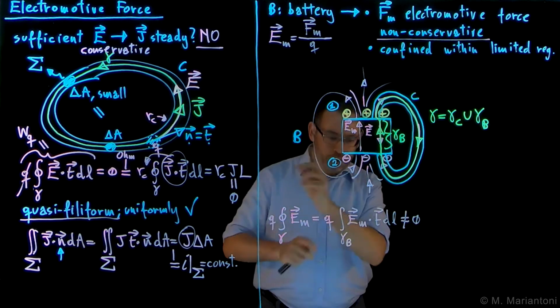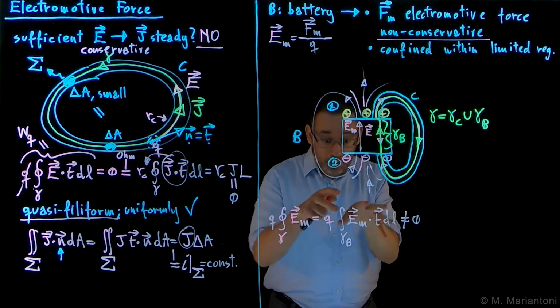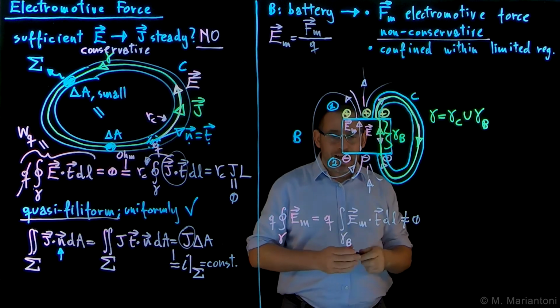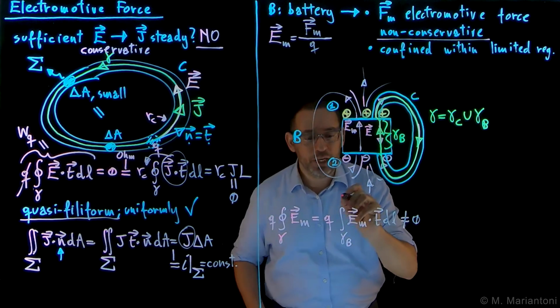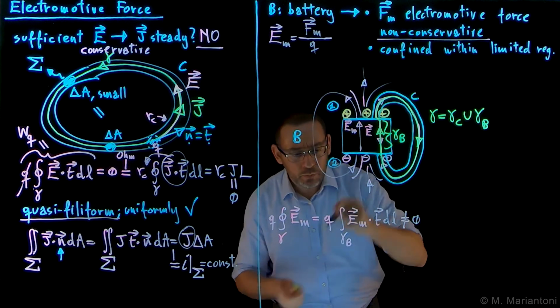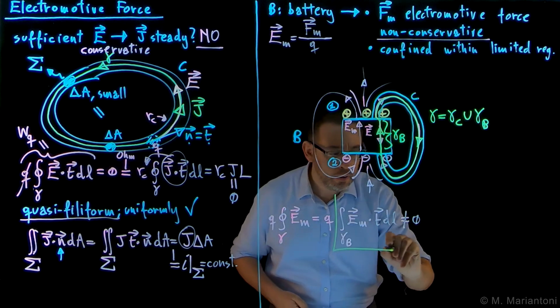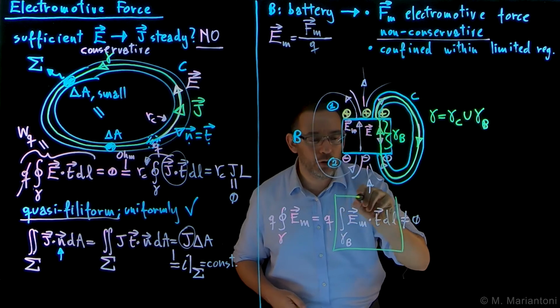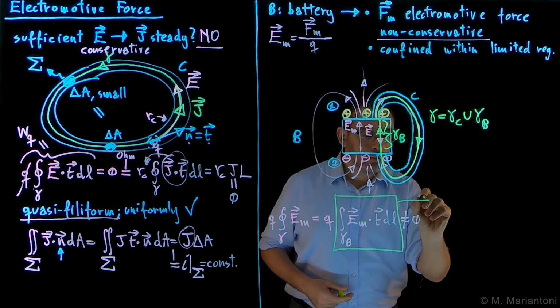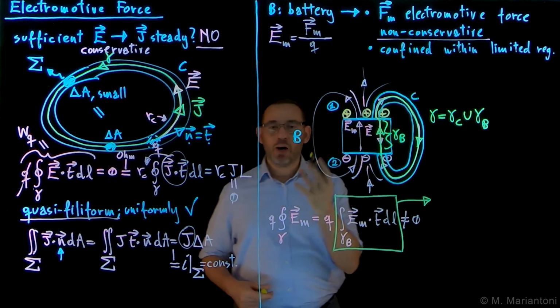Good, so now we have a macroscopically non-conservative quantity, field EM. As it turns out, this quantity here, which I'm highlighting in yellow, which is different than 0, has the units of what?